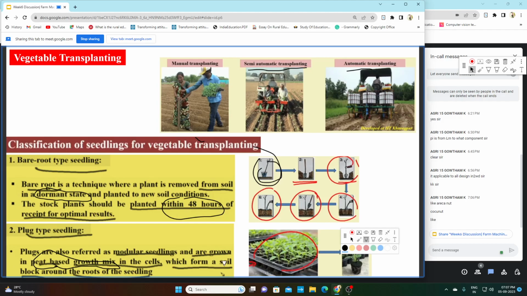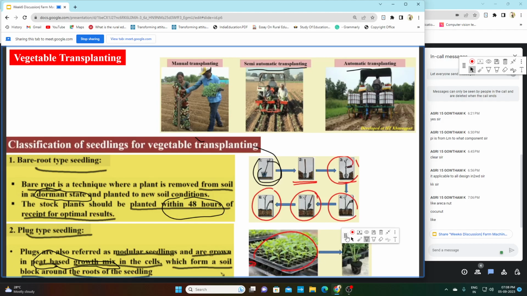When the seedling is at the stage when we can do the transplanting operation, we pull the plant along with the moss, means along with the vermicompost also. Unlike bare root seedling, where we are taking only the plant, not any kind of soil or other material, here we are taking the vermicompost along with the plant.